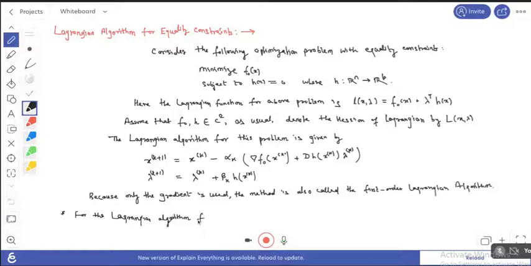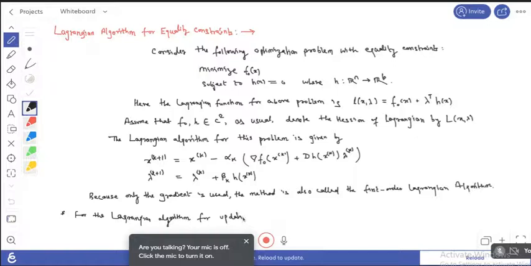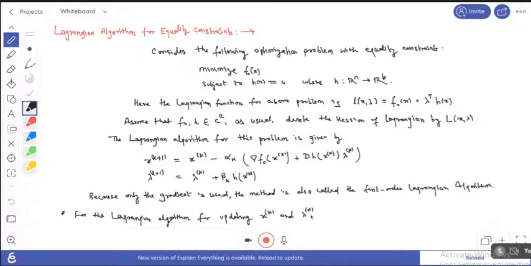for updating this xk and the corresponding lambda k, the pair x star, lambda star is your optimum one.